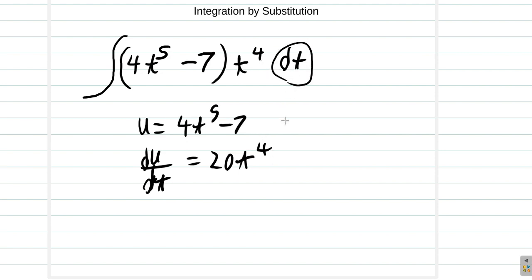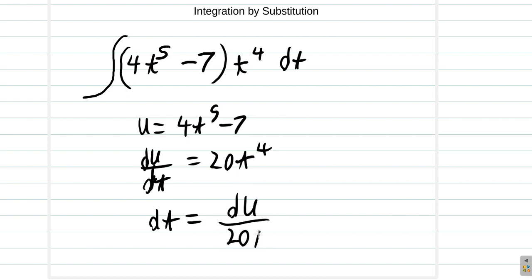Now you have a dt here and a dt here. What you want to do is make this dt the subject. So dt is equal to du over 20 t to the 4.